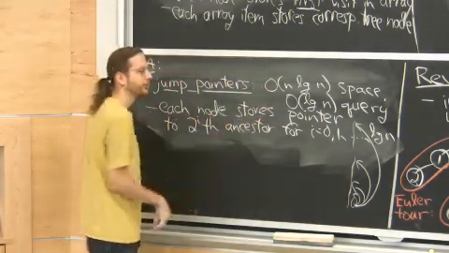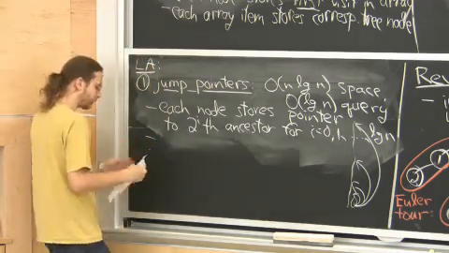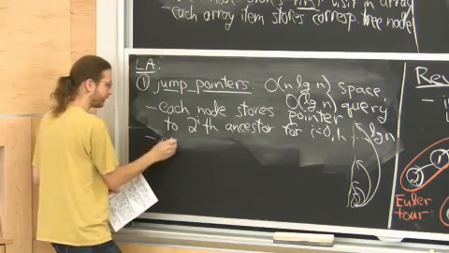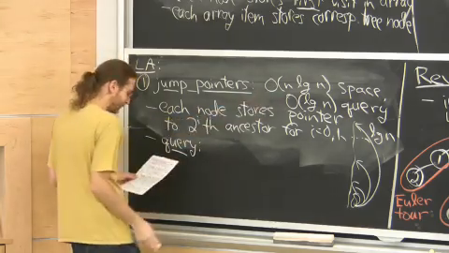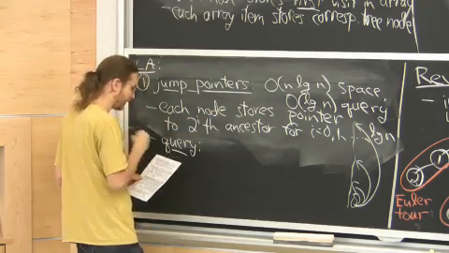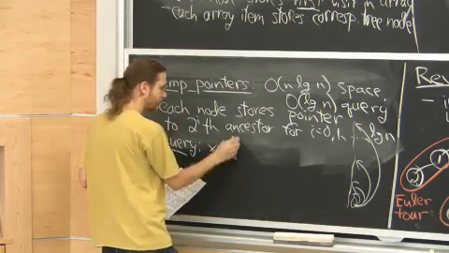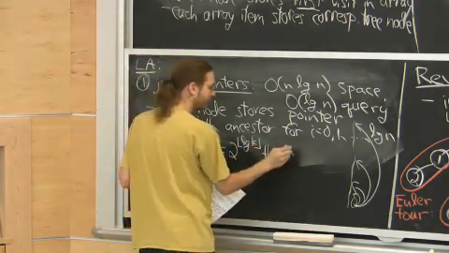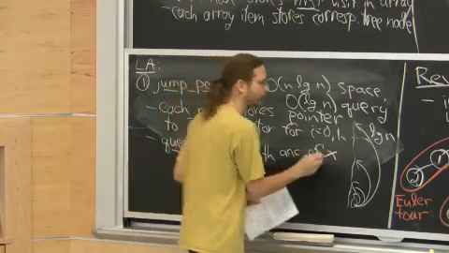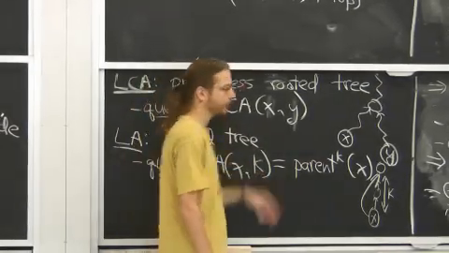And I claim with this you can roughly do a binary search if you wanted to. Now, we're not actually going to use this query algorithm for anything, but I'll write it down just so it feels like we've accomplished something, namely log n query time. So what do we do? I set x to be the 2 to the floor log k-th ancestor of x. Remember, we're given a node x and a value k that we want to rise by.